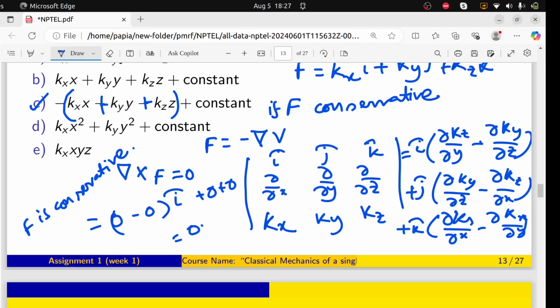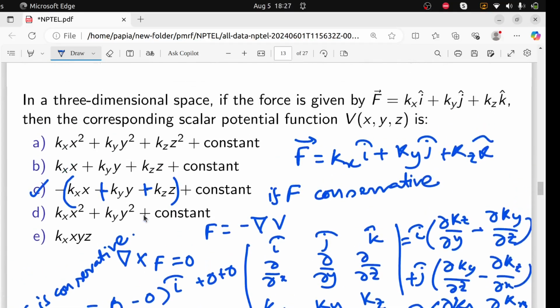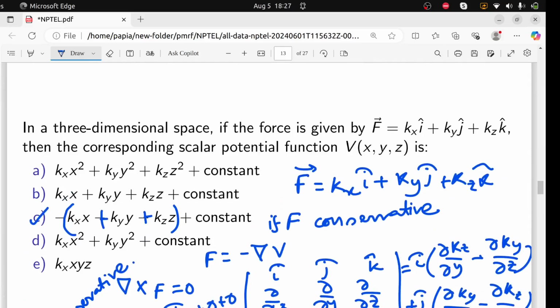Okay, so this is the mathematics for a three-dimensional vector space. If the force is given by this, then the corresponding scalar potential function V in terms of x, y, z is this. So this question will be only valid if F is conservative.